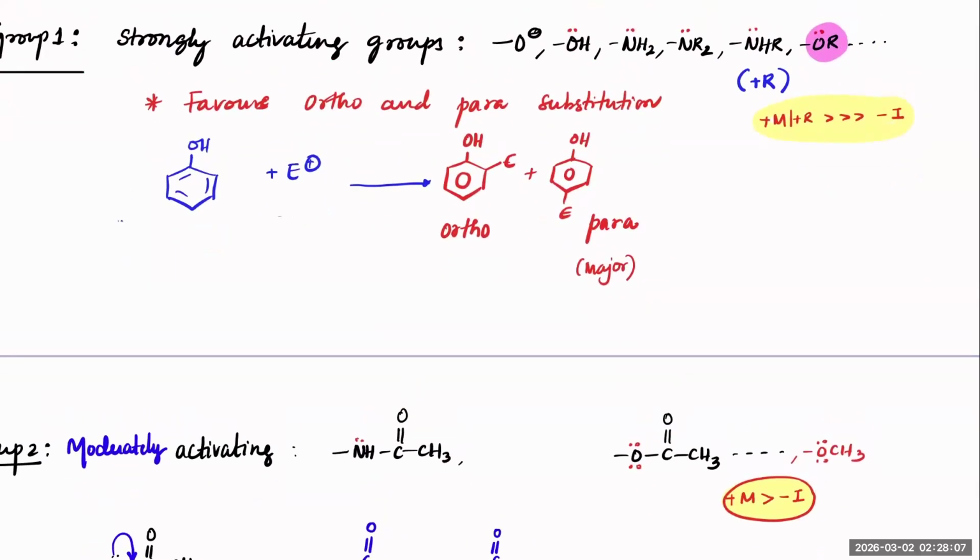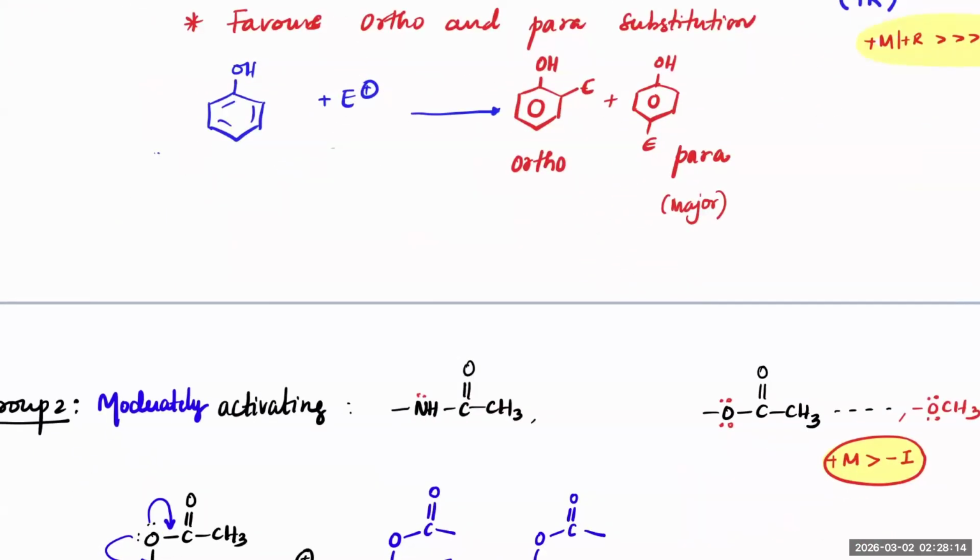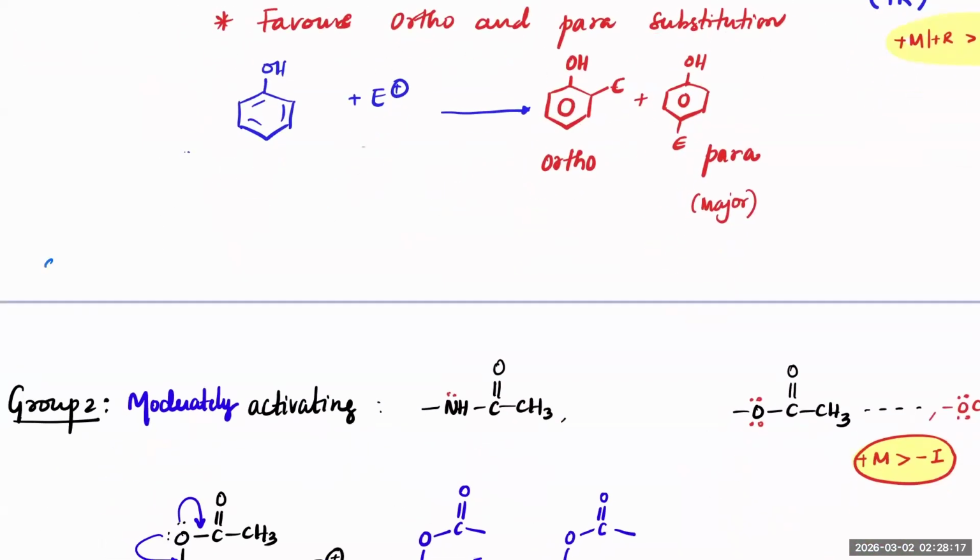But if I have to compare within these groups, the strongest one is NH minus, then O minus, then anything which has a minus; although it does not have any plus R effect, its plus I effect is very high, so that is also a strong activating group.